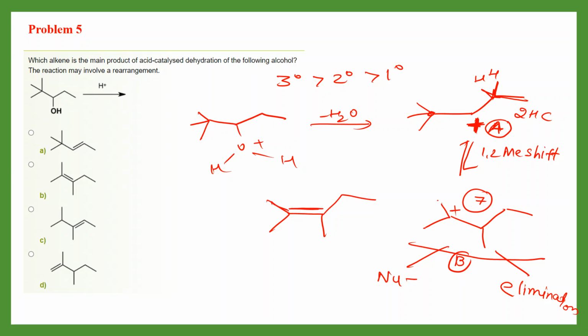So this is your major product. In which option is it there? Option B. Correct. CH3, CH3, CH3, and one CH2, CH3. Have you all understood this problem now?